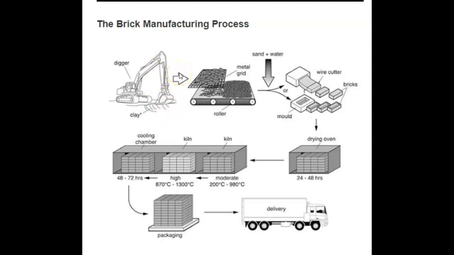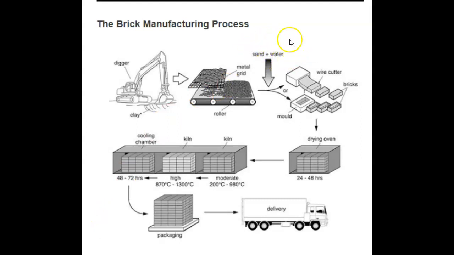That's another active verb that's really useful. So you could say the clay passes through a metal grid, okay? And then it is processed through a roller, okay? So you can see how some of these same verbs keep coming up and they're useful. They're useful here, and you'll see how they're useful in other process diagrams as well, okay?